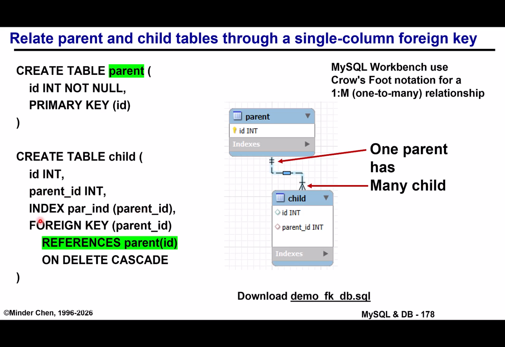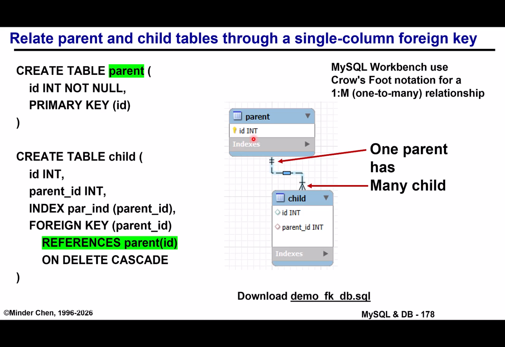Okay, and then we specify foreign key. Okay, this is new. The foreign key is the parent ID, which means we say, hey, parent ID is a foreign key. Over here, it's a foreign key. It references the parent table.